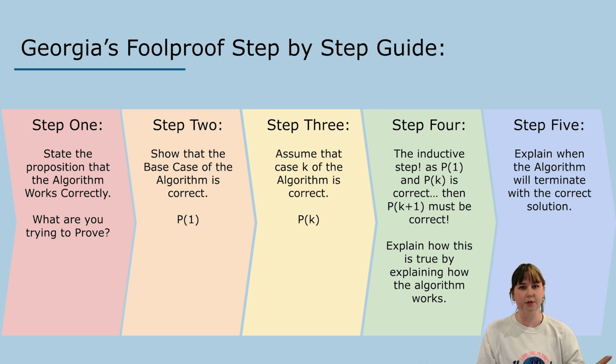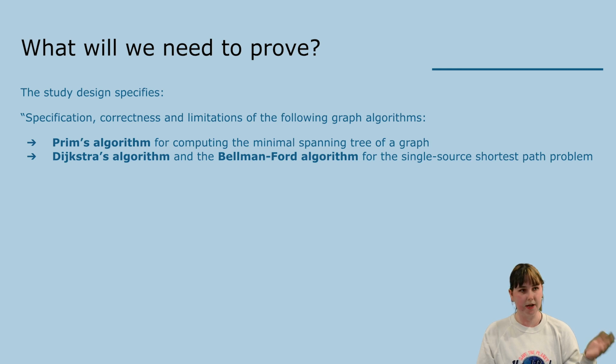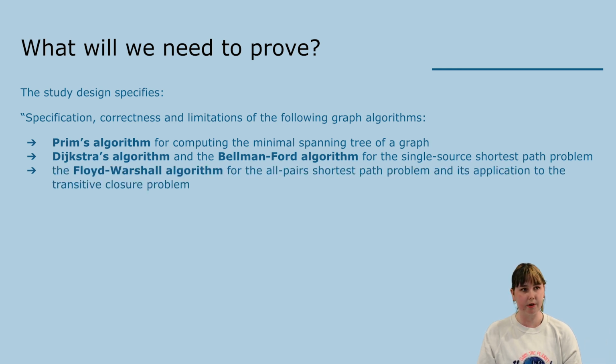So for example, if this is an iterative algorithm, we can explain where the base case is, or this is a case-by-case thing, so we need to explain when it will stop and terminate with the correct solution. And the PageRank algorithm, we need to know the correctness and limitations for all of that.